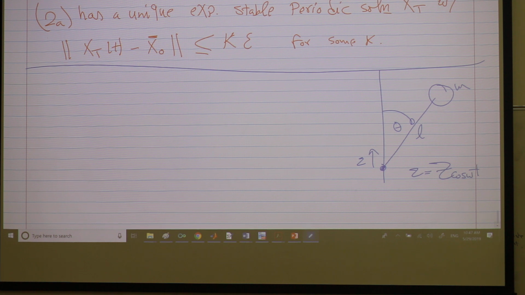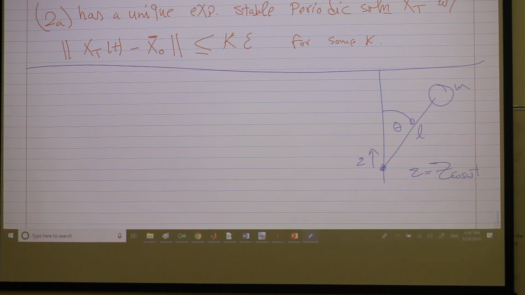Should we do the example or compare between Floquet and averaging? Do you like to see the example for averaging, or the comparison between Floquet and averaging? Next time we'll do the other one. Example, okay.